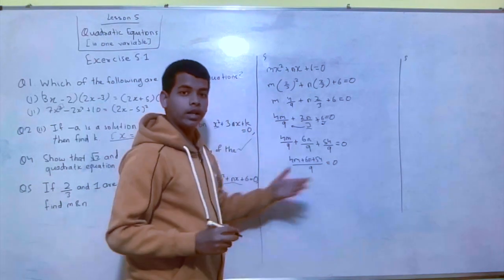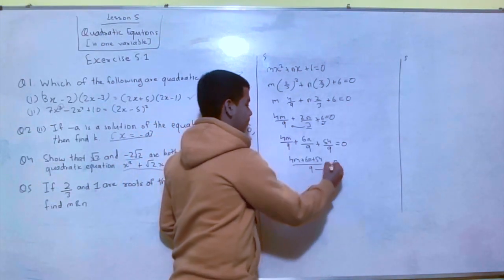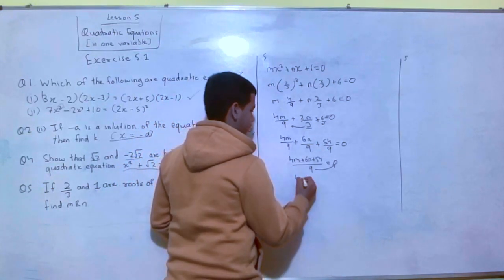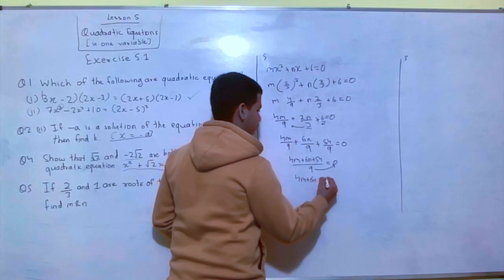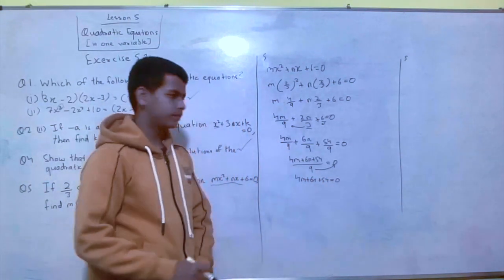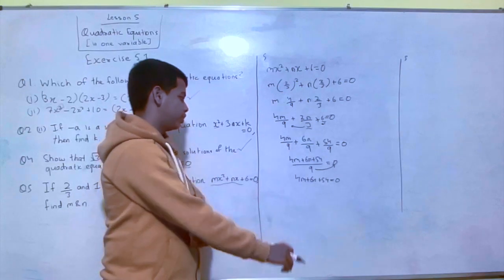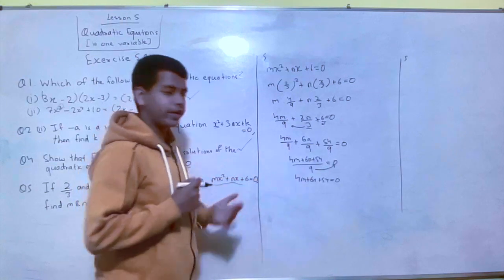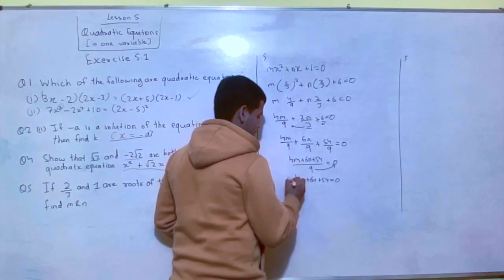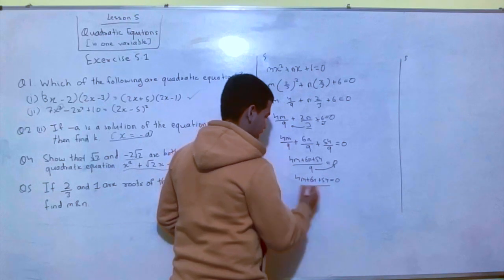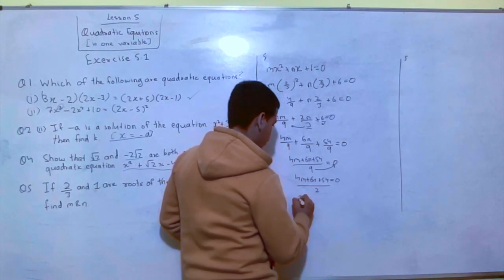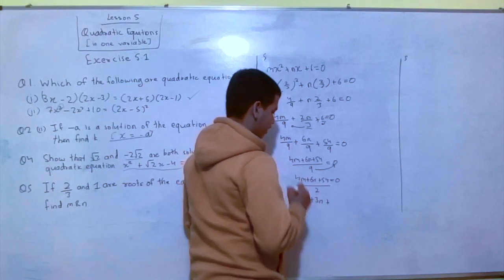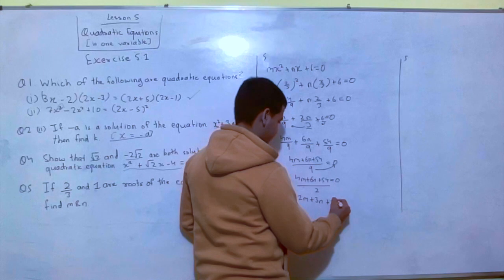Now when we take 9 to the other side, what will happen? 9 will multiply with 0, and we know that anything multiplied by 0 is 0. So you can just conclude that 4m plus 6n plus 54 is equals to 0. Now here what we can actually do is, to make it more simpler, we can divide it by 2. So when we divide the whole equation by 2, let me just write like this, we get 2m plus 3n plus 54 divided by 2 is 27.